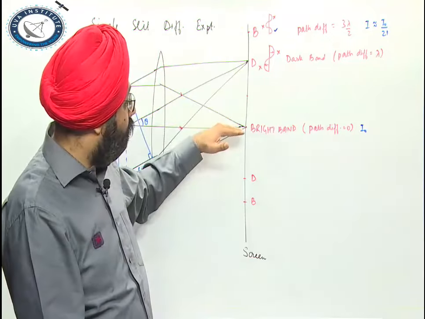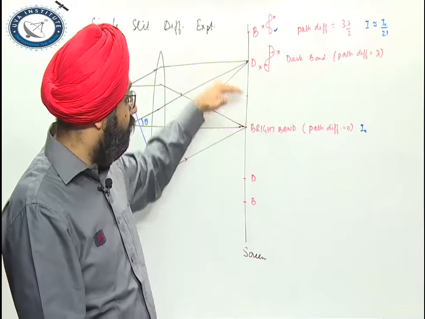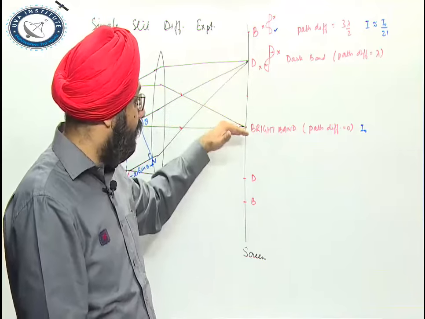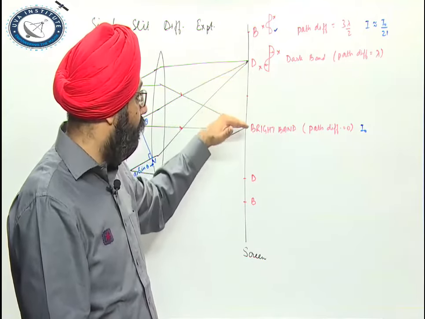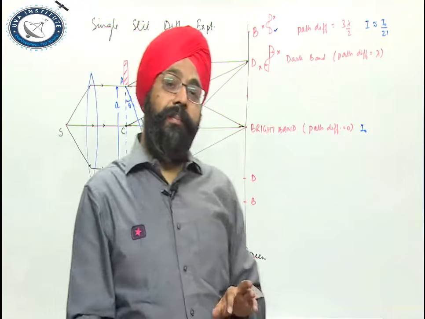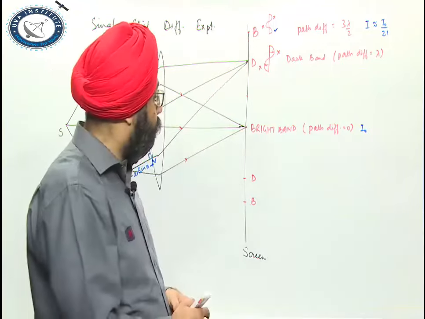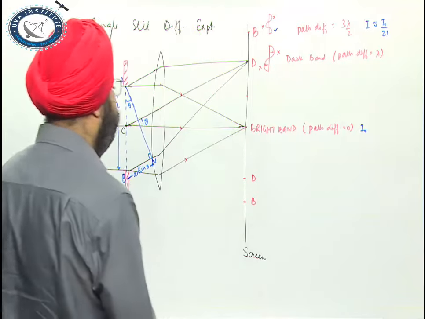As you are moving from the center of the screen away in the upper direction, the brightness is decreasing gradually and it becomes 0 at this point. So the intermediate point, there is no need to consider that. The same pattern will be in the downward direction.